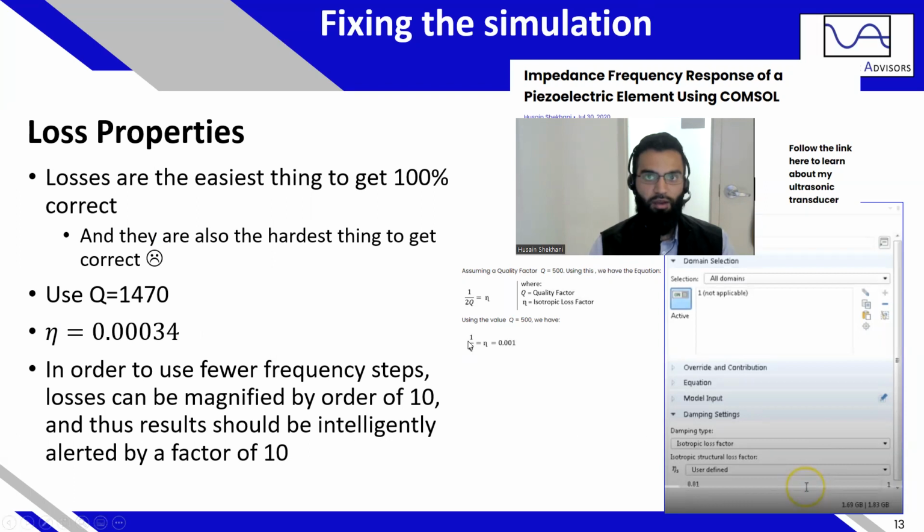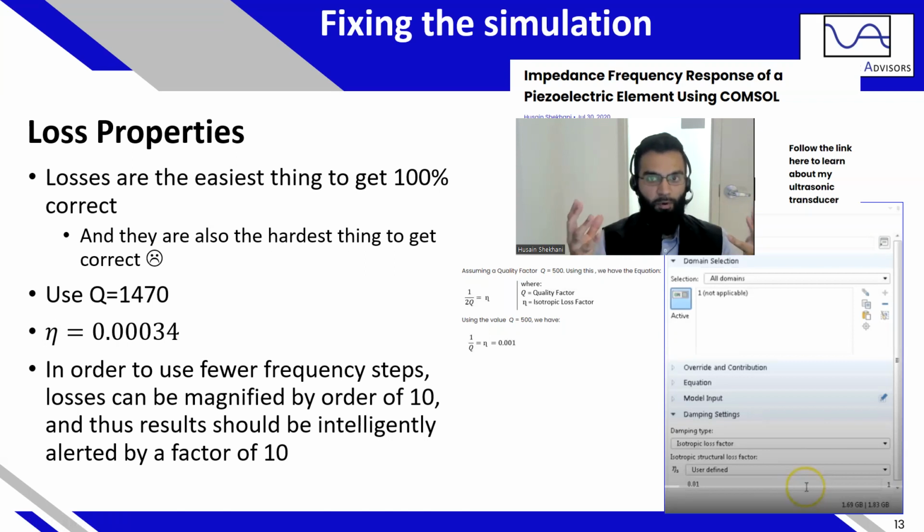Basically, the number of frequency steps you need to use, if you have a really sharp peak or a sharp impedance dip due to having a high Q, you have to put all these frequency steps in there. You can avoid that problem by decreasing your Q by a factor of 10, or increasing your losses by a factor of 10.